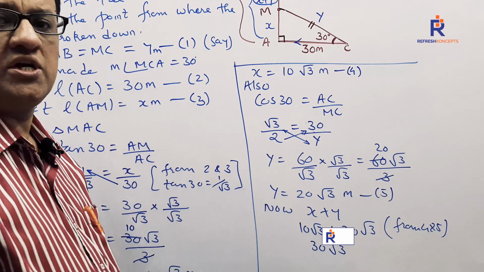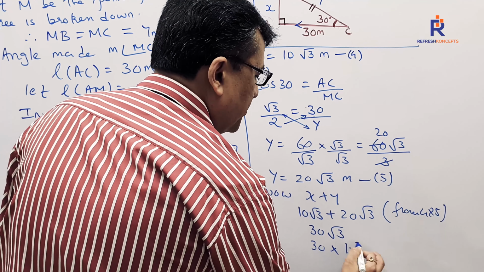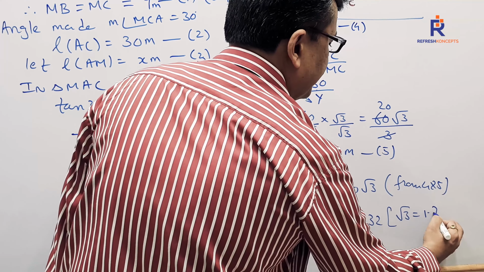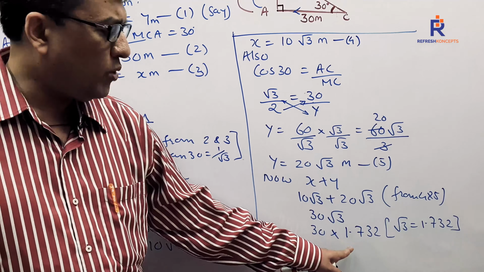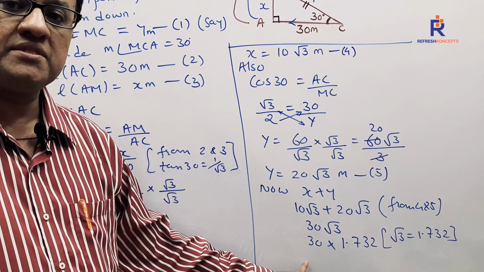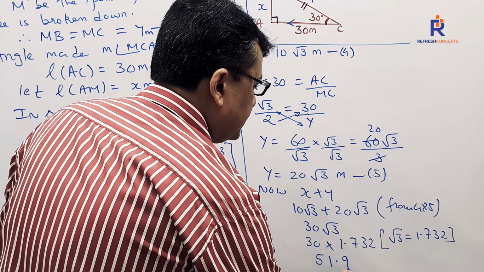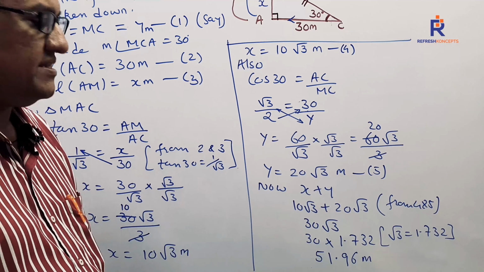Now if you want, you can jot down the value of root 3, which is 30 into 1.732. Mind you, I am taking the root 3 value as 1.732. When you multiply 1.732 into 30, you shall get the answer as 51.96 meter.